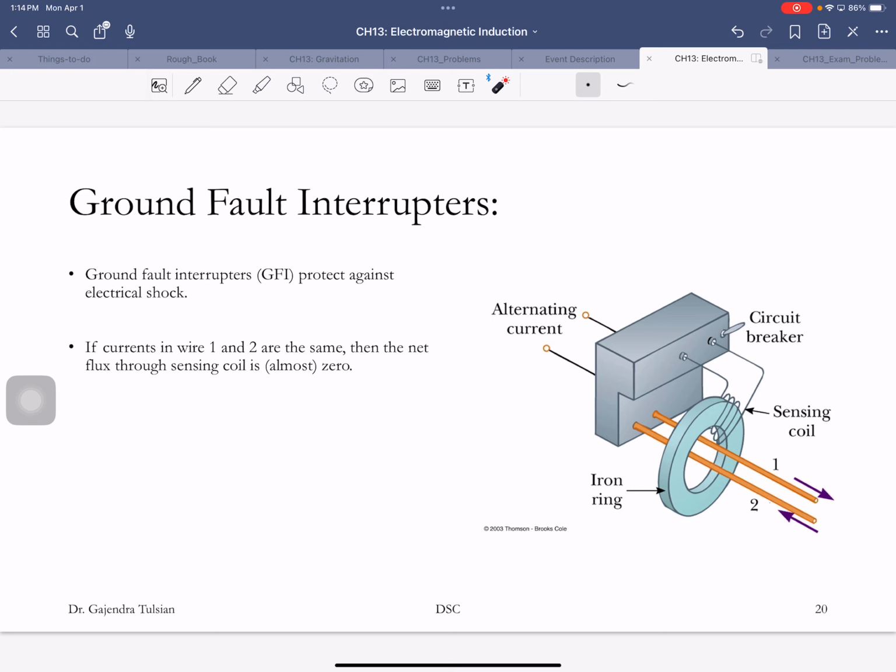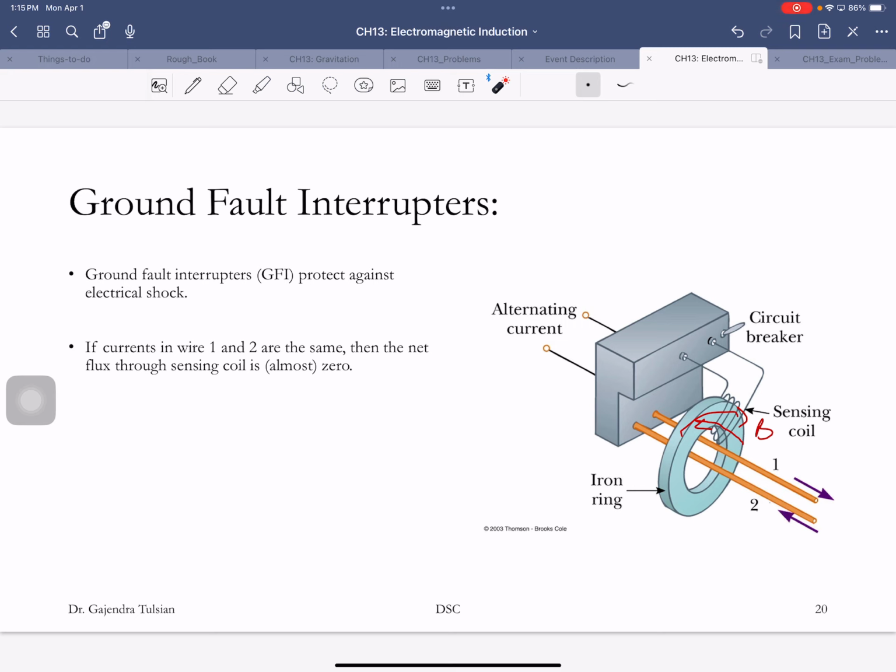Stick your thumb out in the direction of this current, and it's producing a magnetic field like that. If there's an equal and opposite current flowing through here, there's an equal and opposite magnetic field through there. Now, what is the net magnetic field through this coil? Zero.